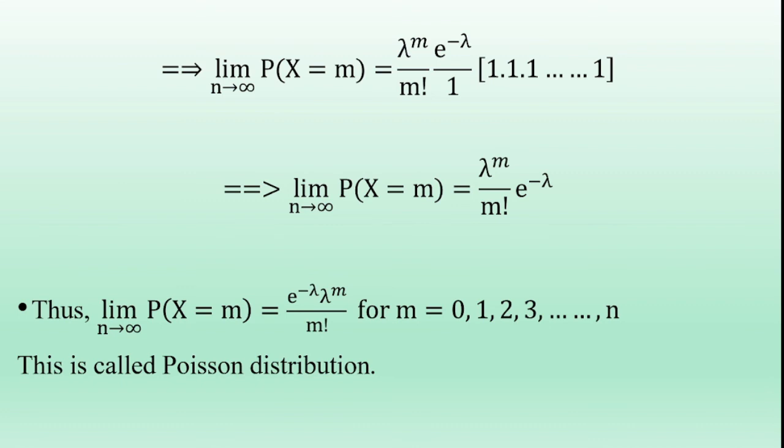Counting type problems describe the number of telephone calls made during a period of time, the number of defective elements in a given sample, the number of electrons emitted from a cathode in a given time interval, and the number of items waiting in a queue. So these are the importance of the Poisson distribution.